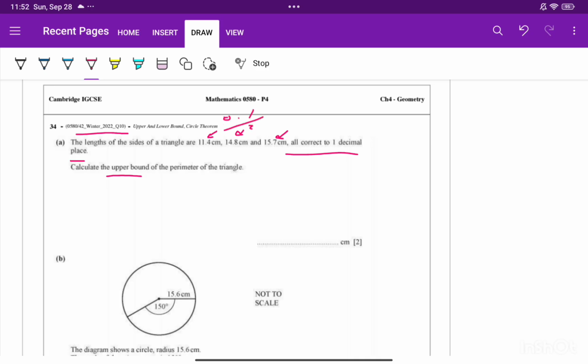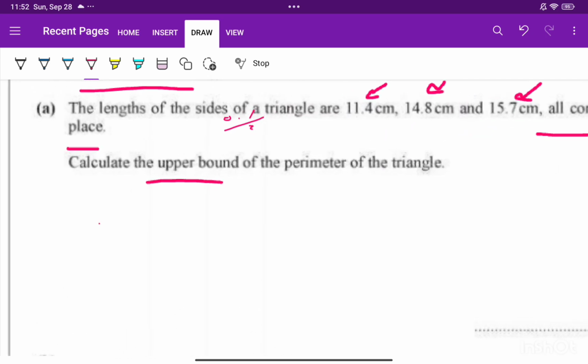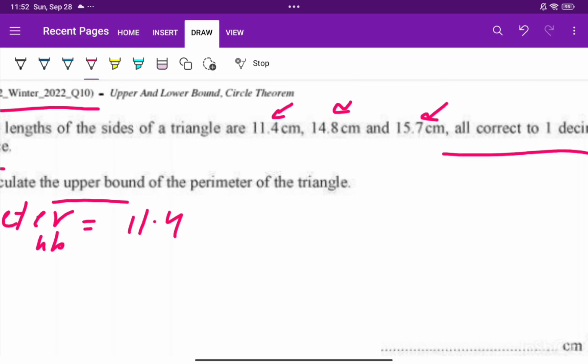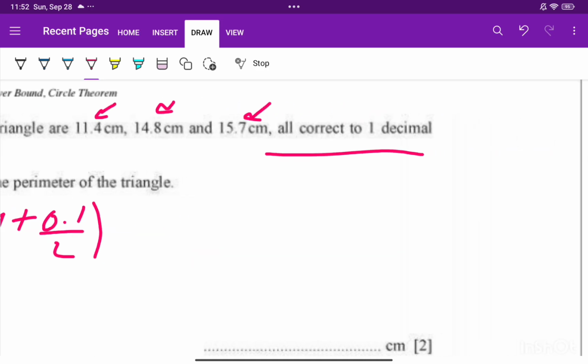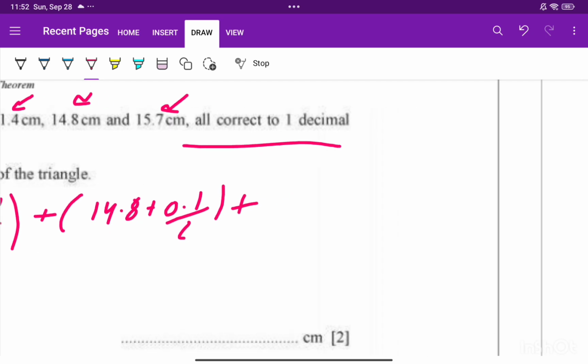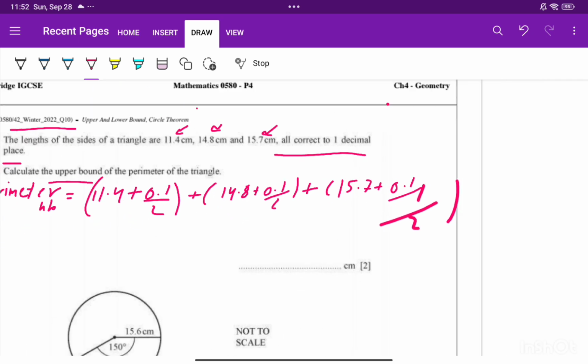The upper bound of the perimeter is equal to 11.4 plus 0.1 divided by 2, plus 14.8 plus 0.1 divided by 2, plus 15.7 plus 0.1 divided by 2.